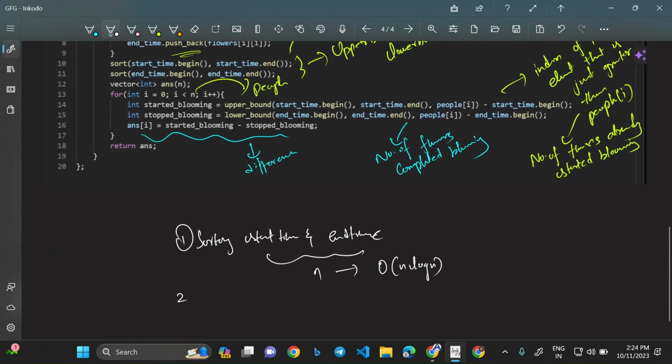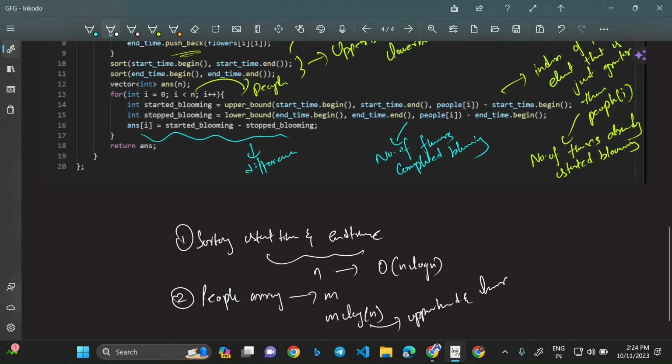And second, what are we trying to do? We are applying binary search on the start time and end time, for the people array. If I assume the people array is of size m, then m times we are doing log of n. This is because of upper bound and lower bound.